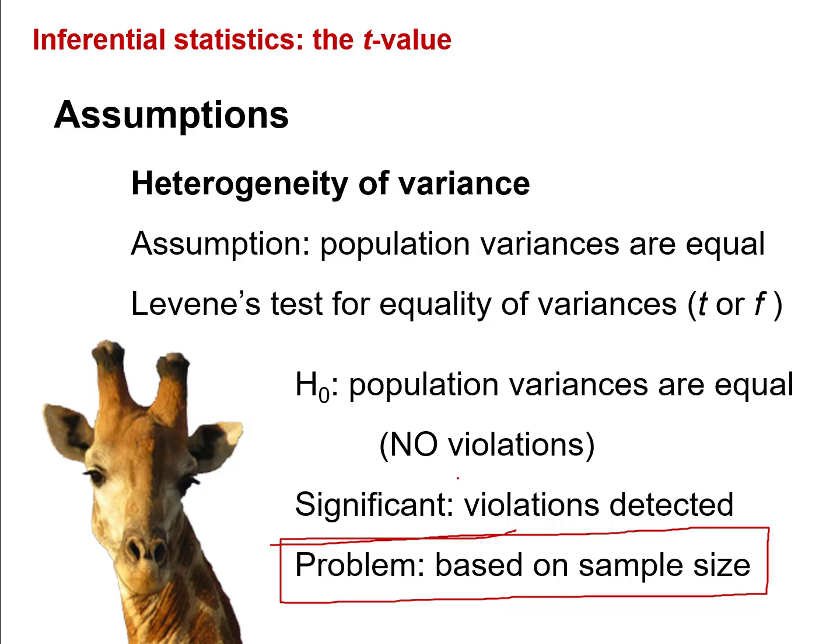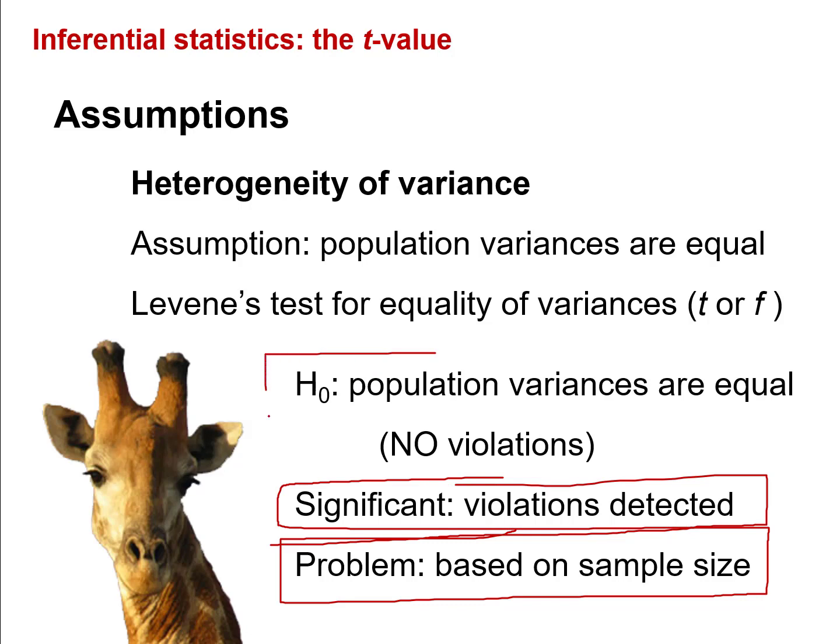And so when we get a significant result, it means our sample was big enough to detect an effect. And if it's not significant, it simply means our sample was not big enough to detect an effect if one existed. So this means if I have a very small sample, my results will probably be non-significant and I won't detect any violations. And if I have a very big sample, I very well may detect violations because this test is based on my sample size.